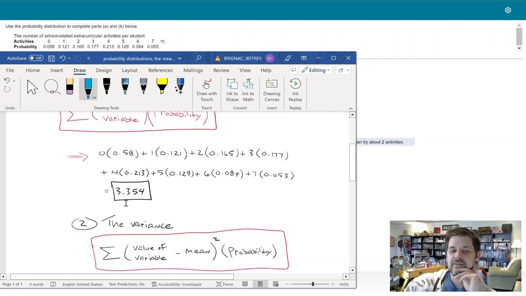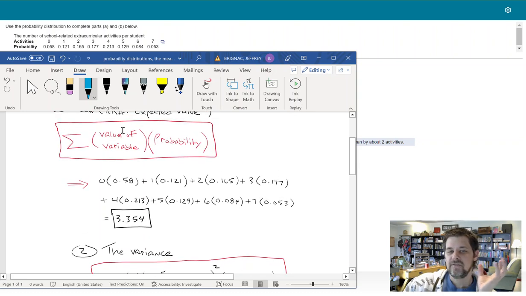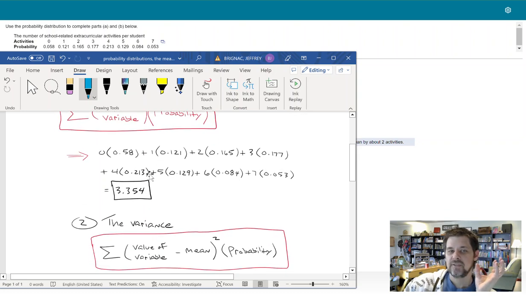One of the values of the variable is 0, and the probability of that is 0.058. The next value is 1, and the probability is 0.121. Next is 2, and the probability is 0.165. I do that all the way through the table.